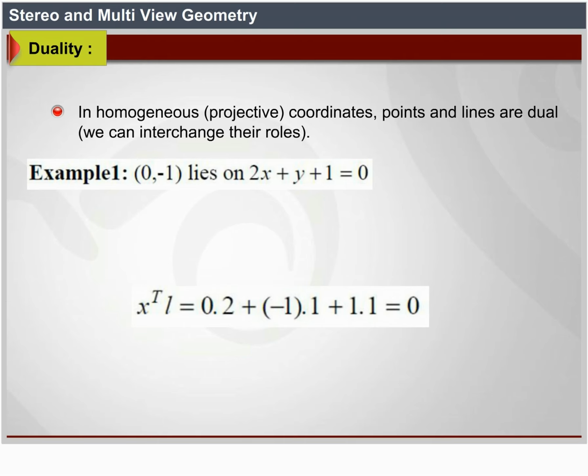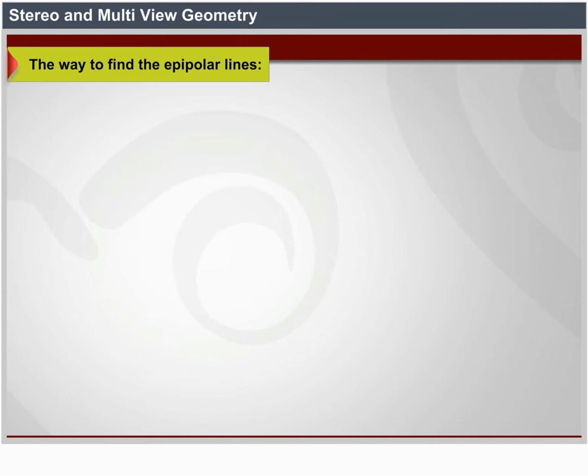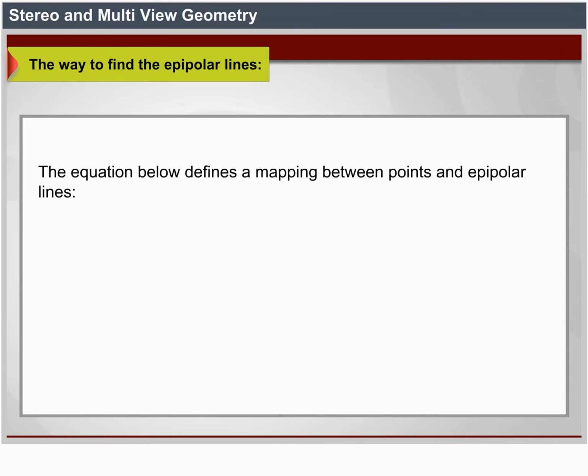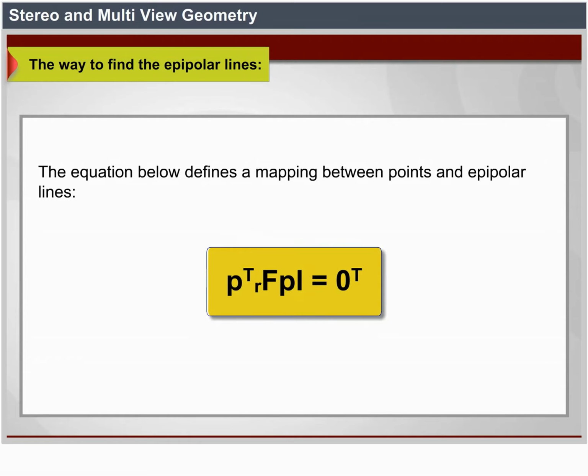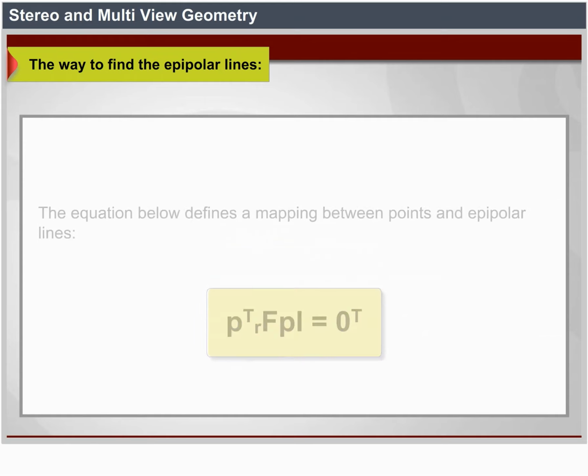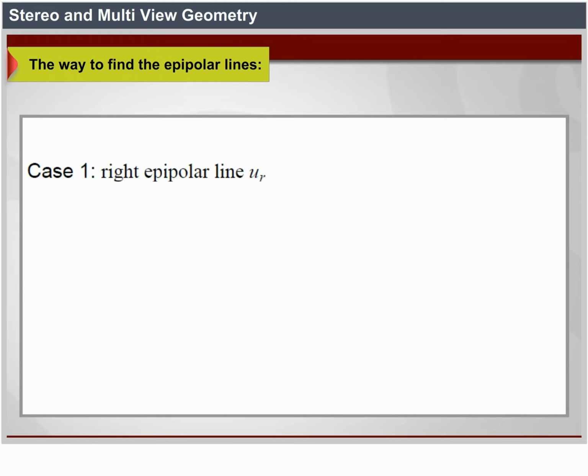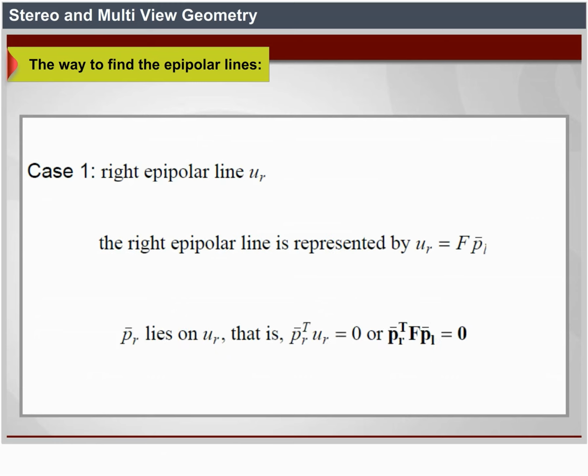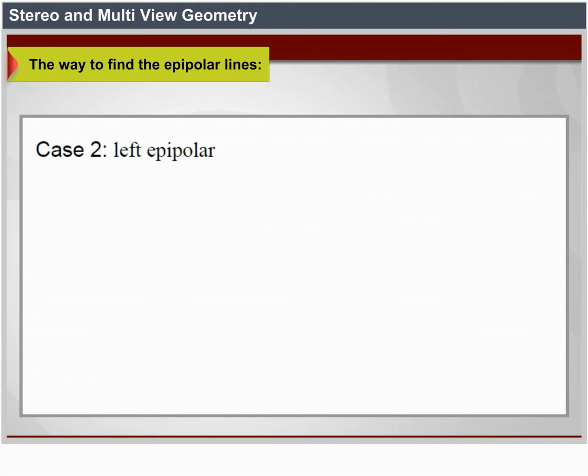Finding the epipolar lines. The equation below defines a mapping between points and epipolar lines: p'ᵀ F p = 0. For case 1 representations, please refer to the equations on screen. For case 2 representations, please refer to the equations on screen.